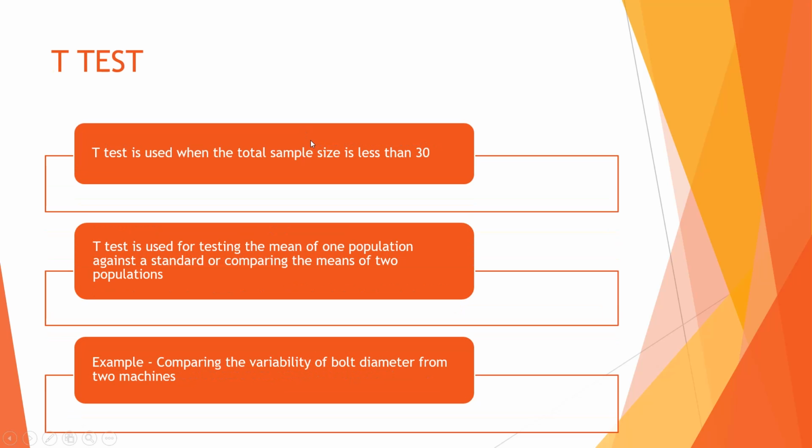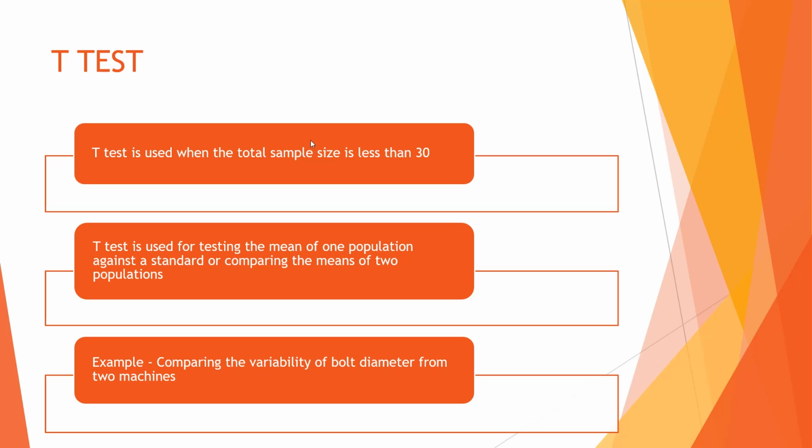Next, T test. T test is used when the total sample size is less than 30. So when the sample size is less than 30, we will use the T test, whereas when the sample size is more than 30, then we will use the Z test. You should know this parameter.